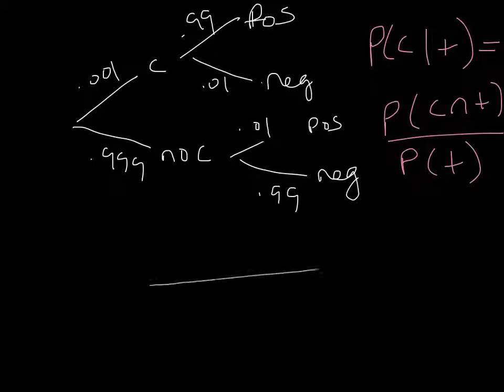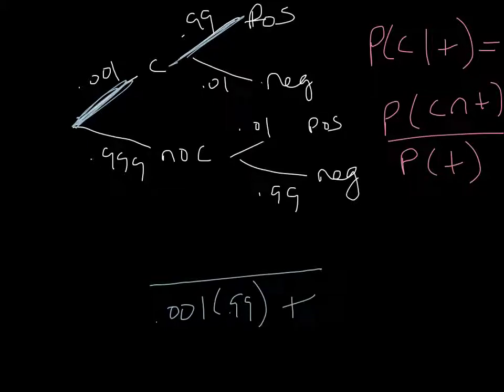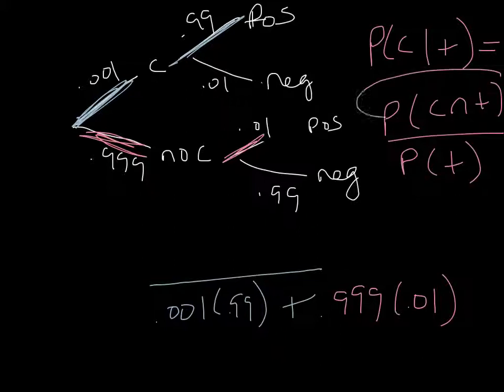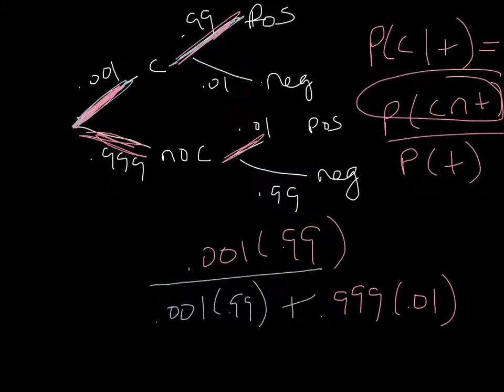The probability that they tested positive could happen when they have cancer and test positive, which is 0.001 times 0.99, or when they don't have cancer and test positive, which is 0.999 times 0.01. The numerator would be when they have cancer and test positive, which is 0.001 times 0.99. And if you do this on your handy calculator, you should get the answer.